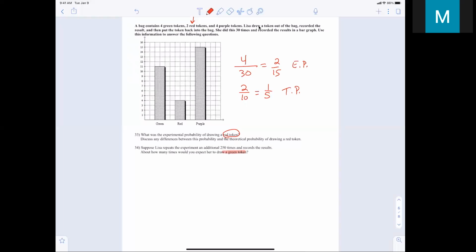What's the theoretical probability of drawing a green? Right. So you should get a green 4 out of 10.